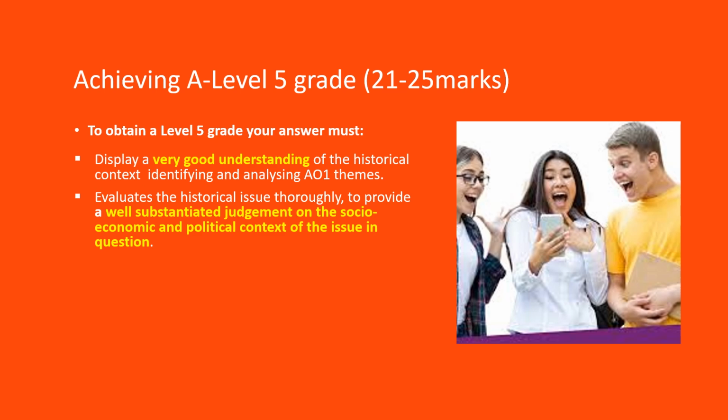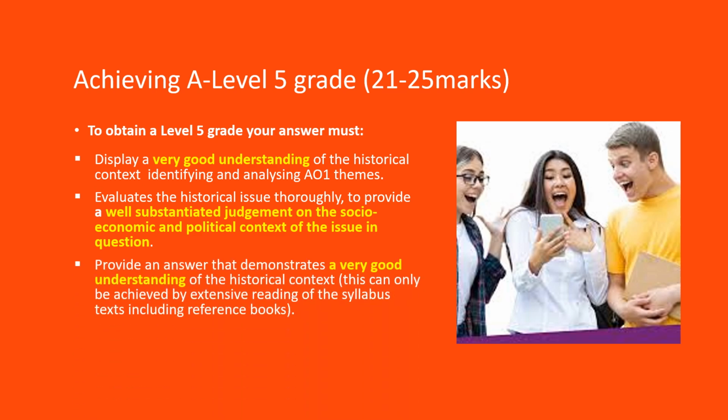You must evaluate the historical issue thoroughly to provide a well-substantiated judgment on the socio-economic and political context of the issue in question. You must also provide an answer that demonstrates a very good understanding of the historical context, and this can only be achieved by extensive reading of the syllabus texts, including reference books.